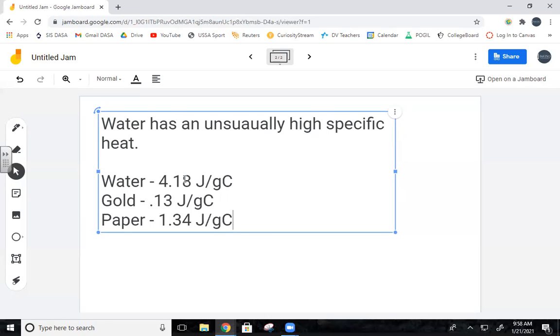But if you put your finger on the outside of the pot, your finger's going to burn quickly. The pot is going to get hot fast. The water takes a while. Okay? This has big implications for like the climate here on Earth, and why certain places are cold and why certain places are hot.